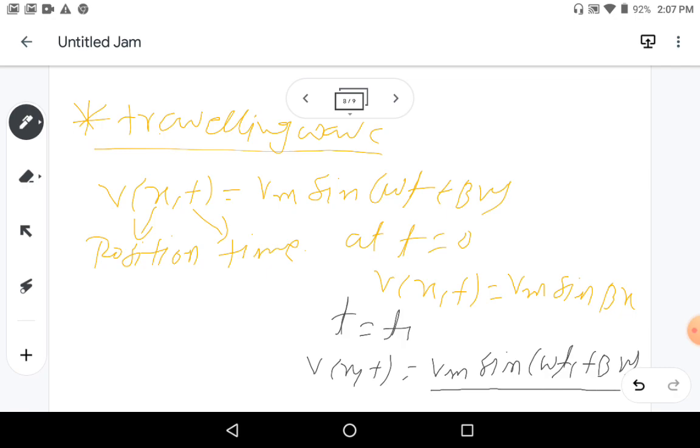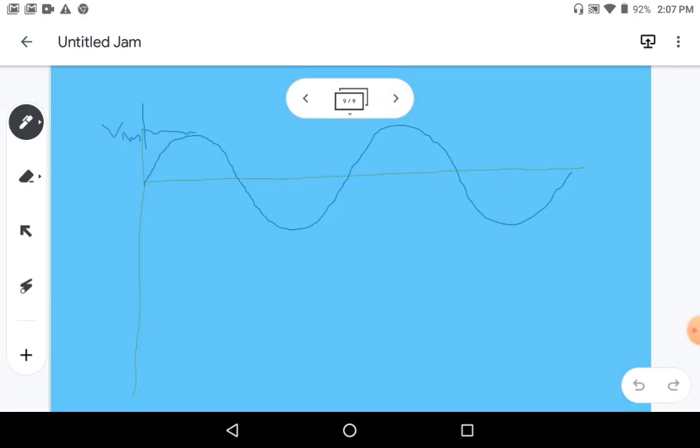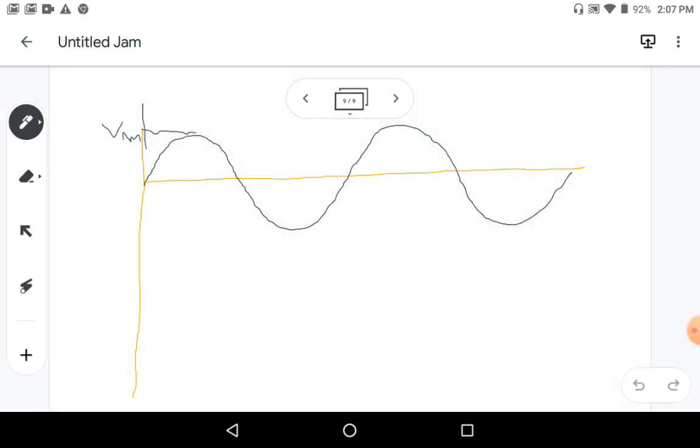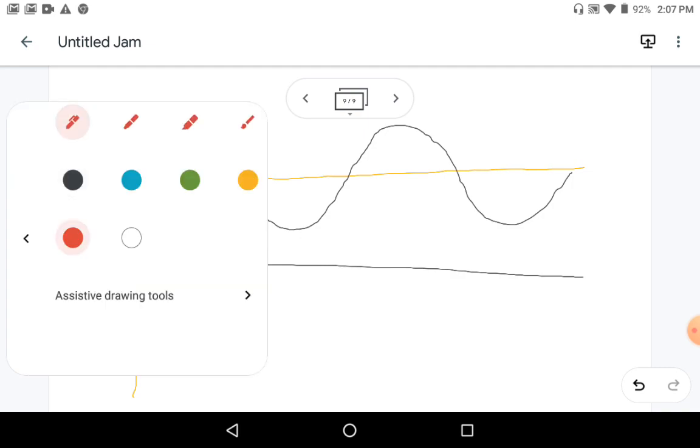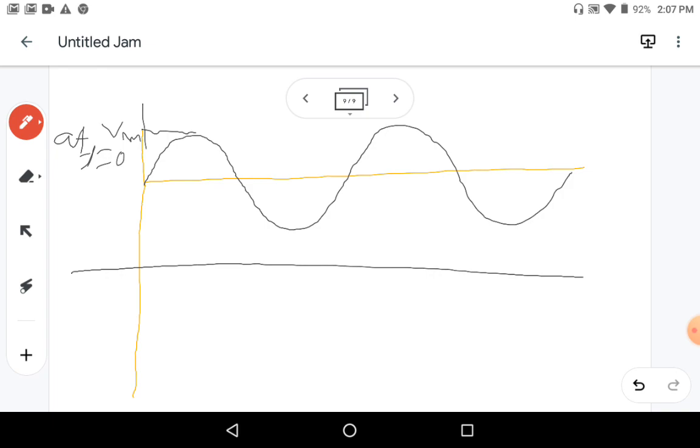That means at t equals t1, the curve leads the first curve, which is at t equals 0.